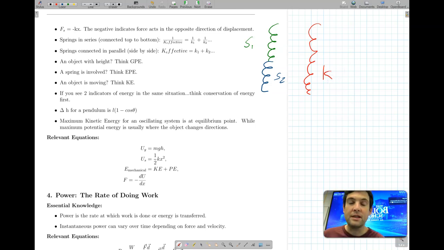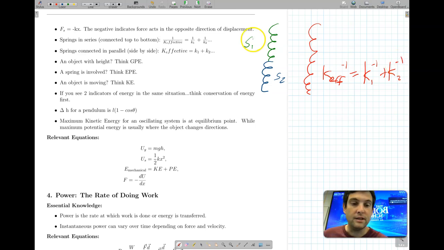The way you determine the spring constant of the total spring, we'll call that the effective spring constant when you combine these two. Our effective spring constant here can't be found real easily. We're going to take the inverse of our effective spring constant, and we'll take the inverse of K1 plus the inverse of K2.